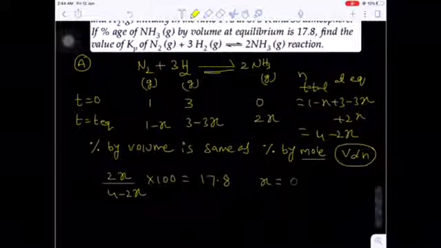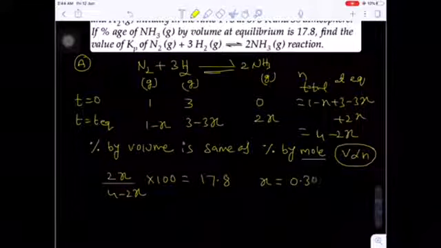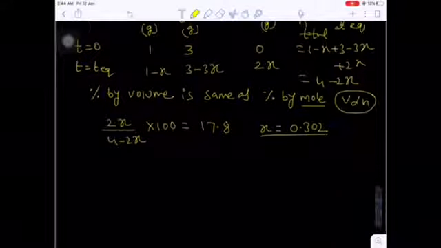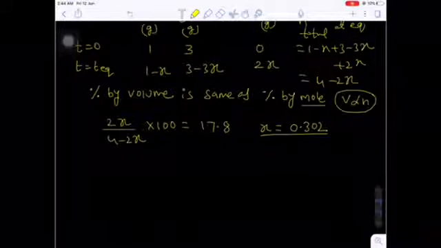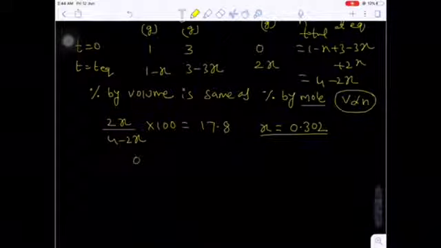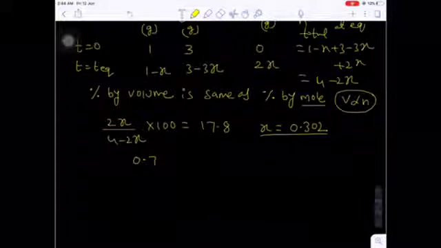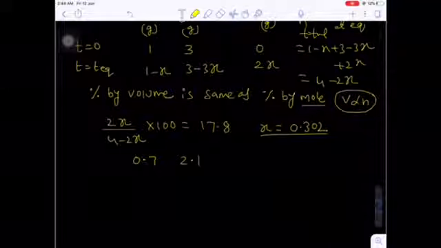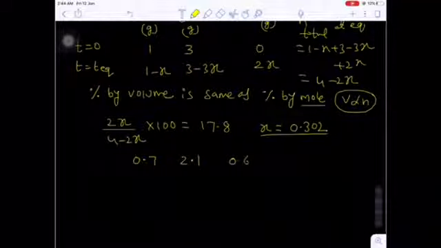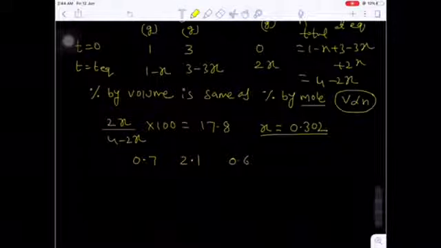From here, if you simplify, you will get the x value approximately 0.302, so you can take x as 0.3 also. Now after getting the x value, 1 - x is 0.7, 3 - 3x is 2.1, 2x is 0.6.